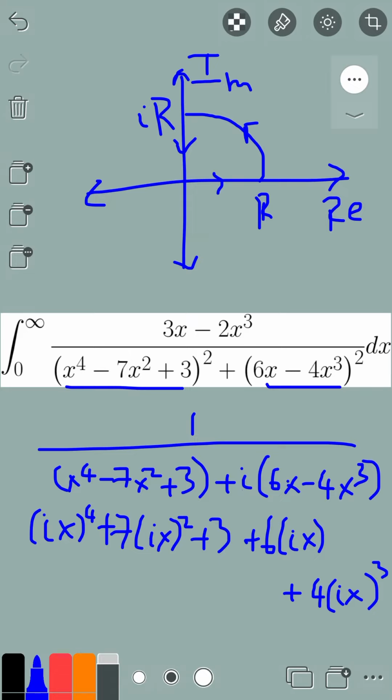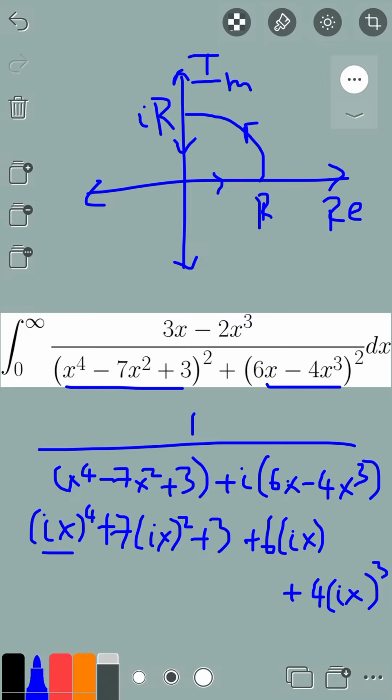That's why I chose that function, 1 over that whole polynomial. When we choose that function f of z and substitute z equals ix, we get this thing.